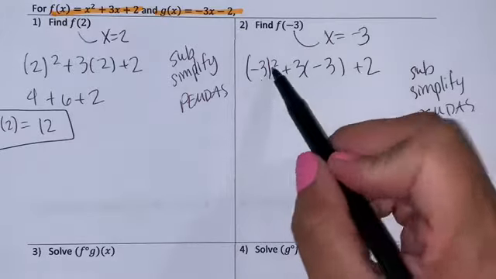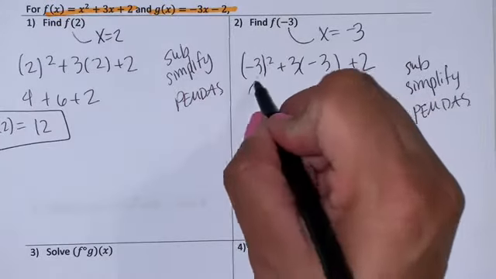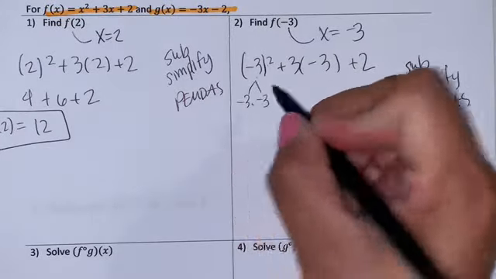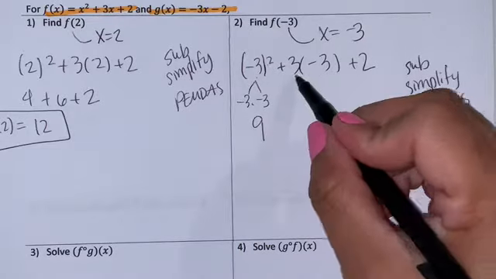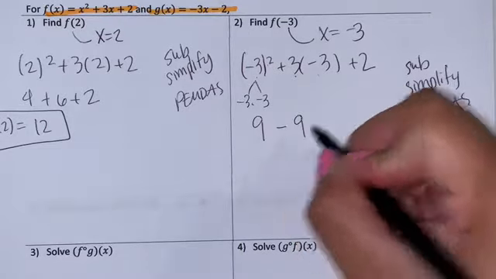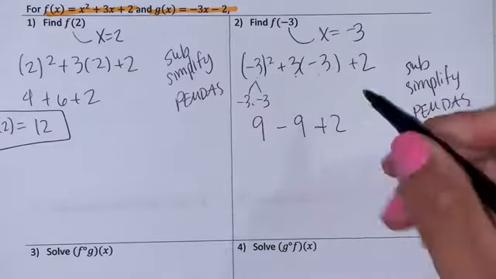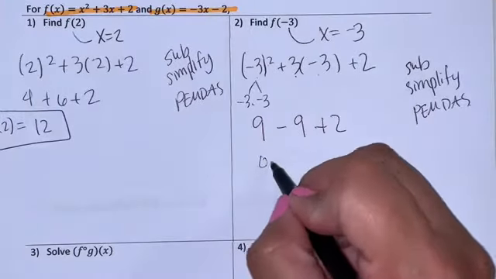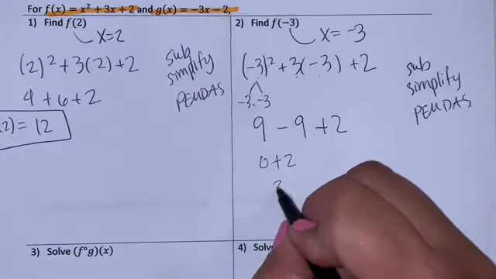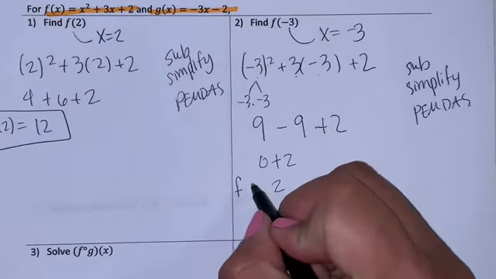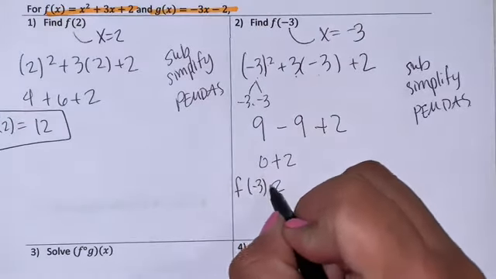Negative 3 squared is negative 3 times negative 3, I get 9. 3 times negative 3 is negative 9. And bring down the 2. 0 plus 2 equals 2. F of negative 3 equals 2.